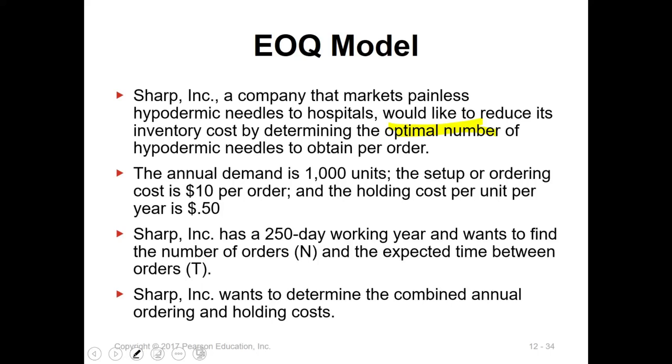So basically, we figure out the optimal ordering quantity. The annual demand is 1,000 pieces. The setup or ordering cost is $10 per order, that's the transaction paperwork. And the holding cost per unit per year is 0.50.